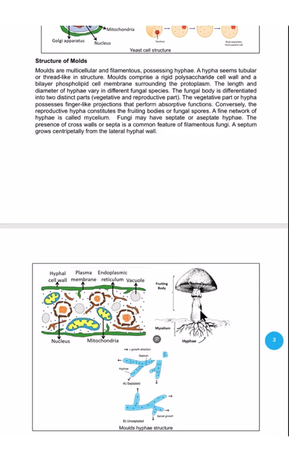So this type of hyphae, we call vegetative hyphae, because they help in absorption of food from the environment or the material where they live. The network of this hyphae, we call it mycelium.